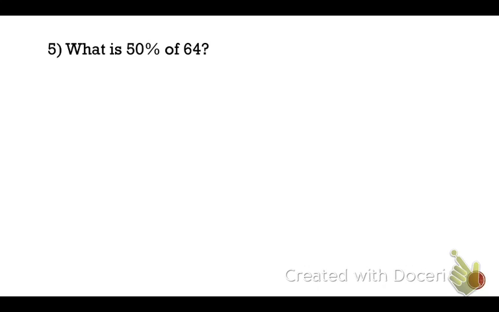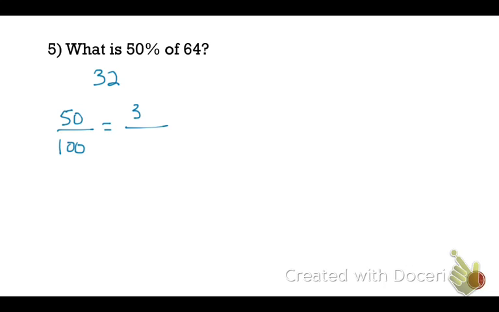All right, and number 5, what is 50% of 64? Now again, you may just know that 50% means half. Most of us know that. Half of 64, if you divide 64 in half, you get 32. You can also set up your percent proportion equation. So remember, it's the actual percent number compared to 100.